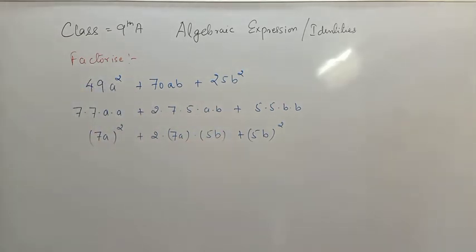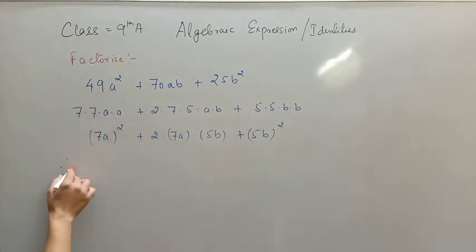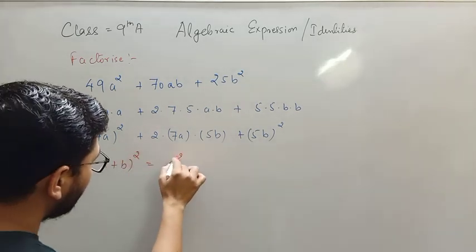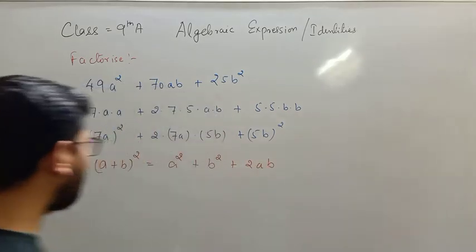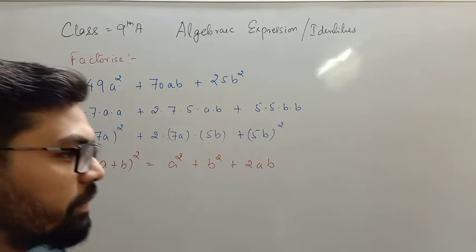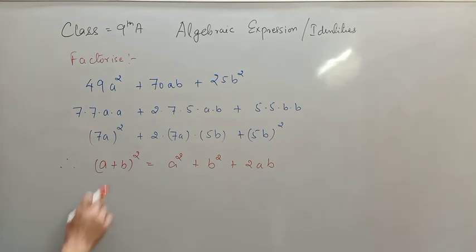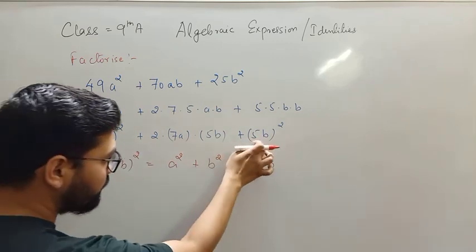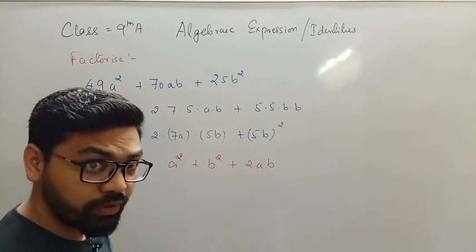Now recall that identity, that a plus b whole square is equals to a square plus b square plus 2ab. Recall this identity. Can I use this identity in this algebraic expression? Yes or no? So yes, I can use. In place of a I have 7a, in place of b I have 5b, in place of 2ab I have 2 into 7a into 5b, right?